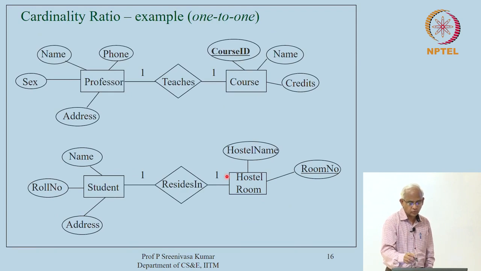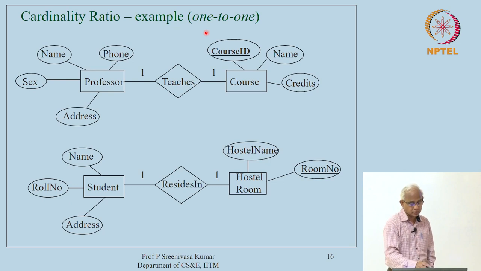Okay, let us begin with 1 to 1. Again, whether a particular relationship type satisfies these kinds of constraints depends on the situation at hand, the ground reality.